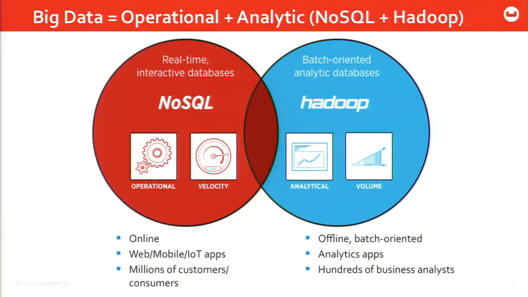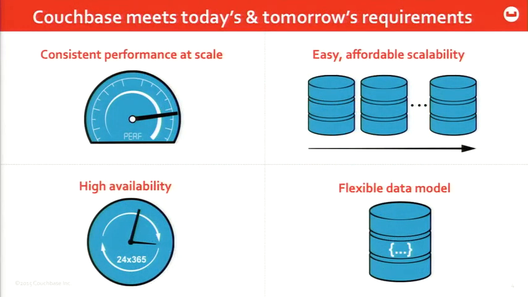This is where you need to build applications for mobile, for web, for IoT, and that's where Couchbase is the backend for those types of applications that need performance, that need scalability, as well as high availability. And those are some of the key characteristics of Couchbase.